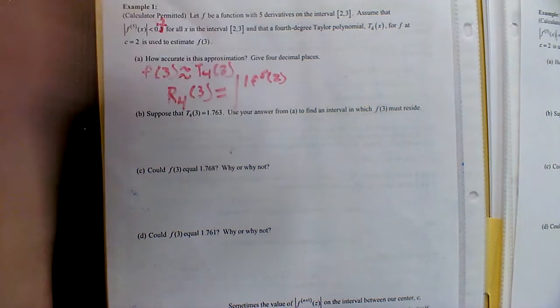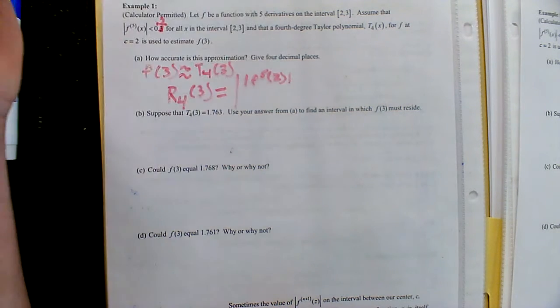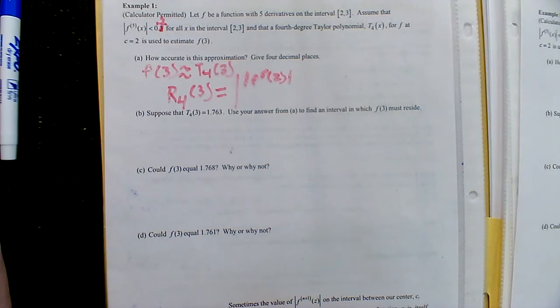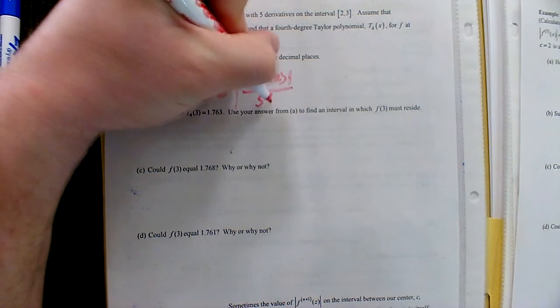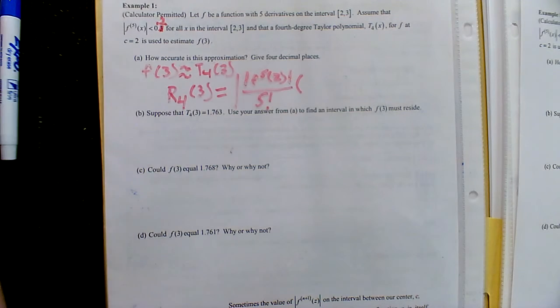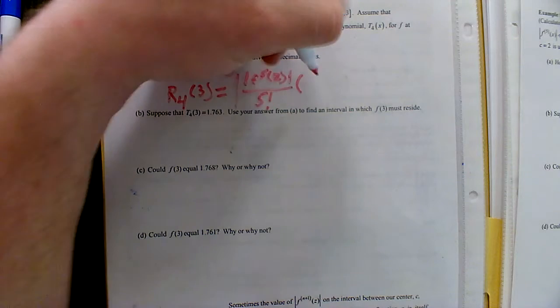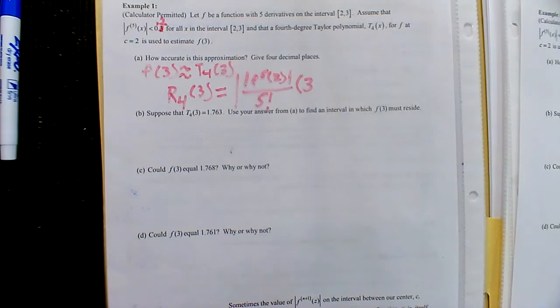So the absolute value on top, f5 of z. Remember, that's some z value that we don't know. If we knew what the z value was, we wouldn't have to approximate it. Over 5 factorial. They told us we're trying to evaluate it at x equals 3. They gave us that, so the x value is 3.